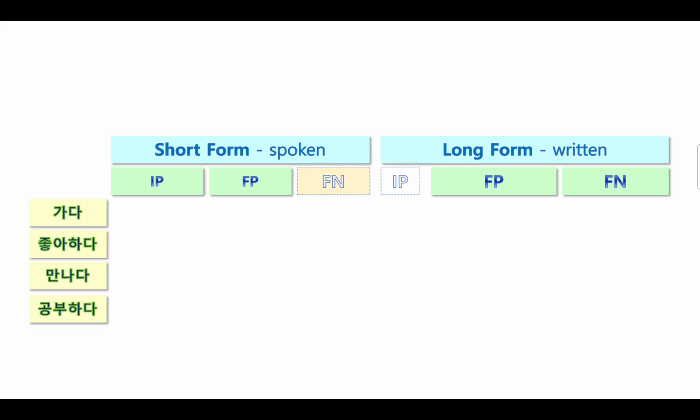I will study. 공부할 거예요. So I think the first one we use very often. Short form, informal polite, maybe most common one is this one. 공부할 거예요. And formal polite, 공부할 겁니다. And 공부할 거다.